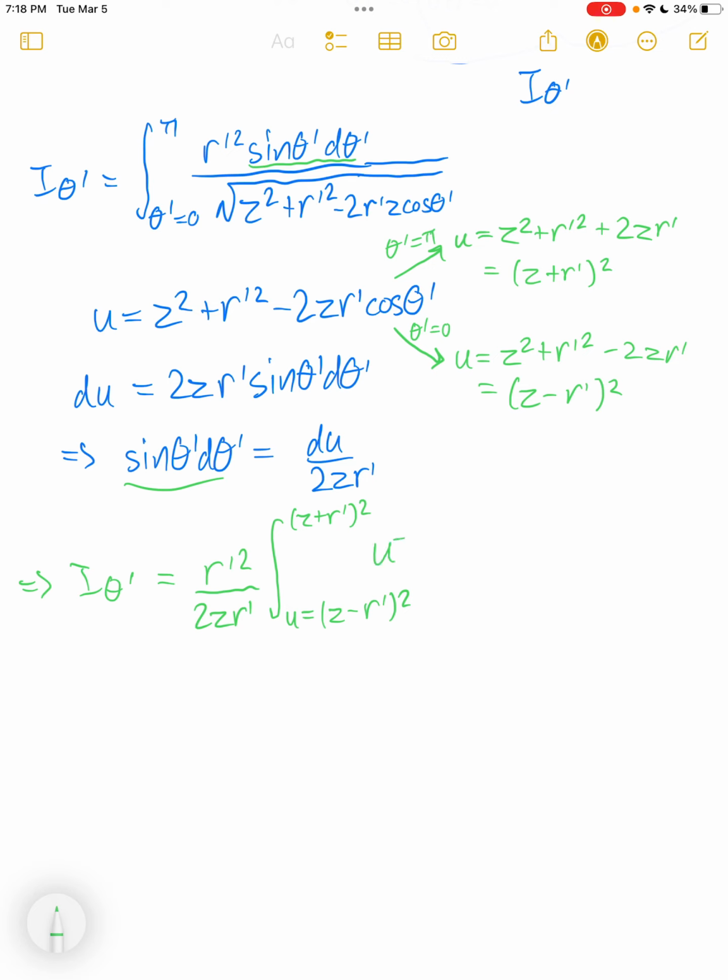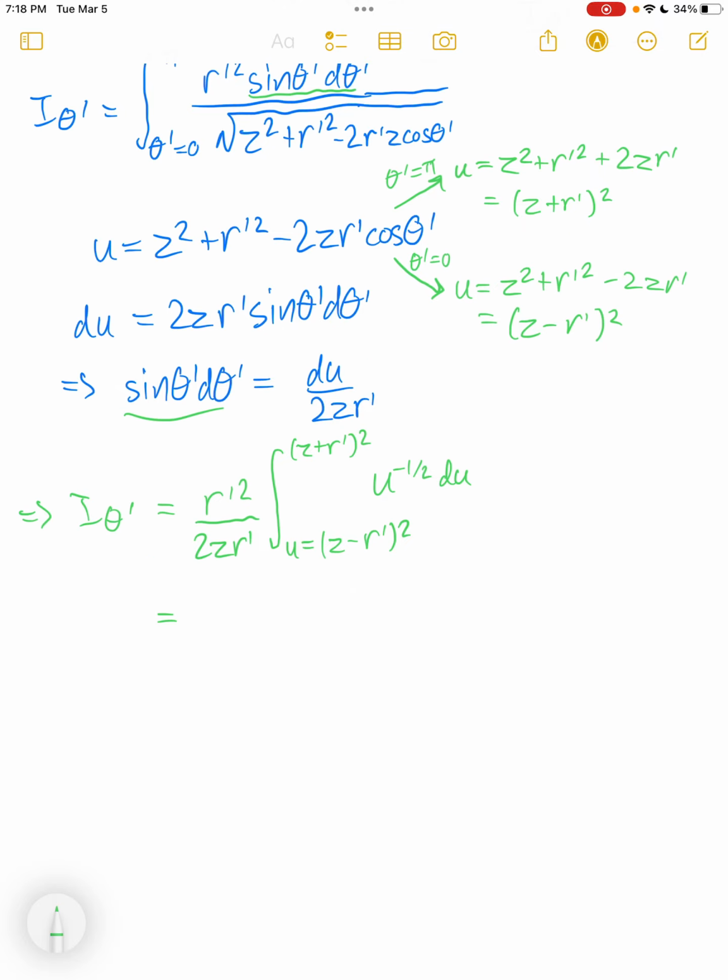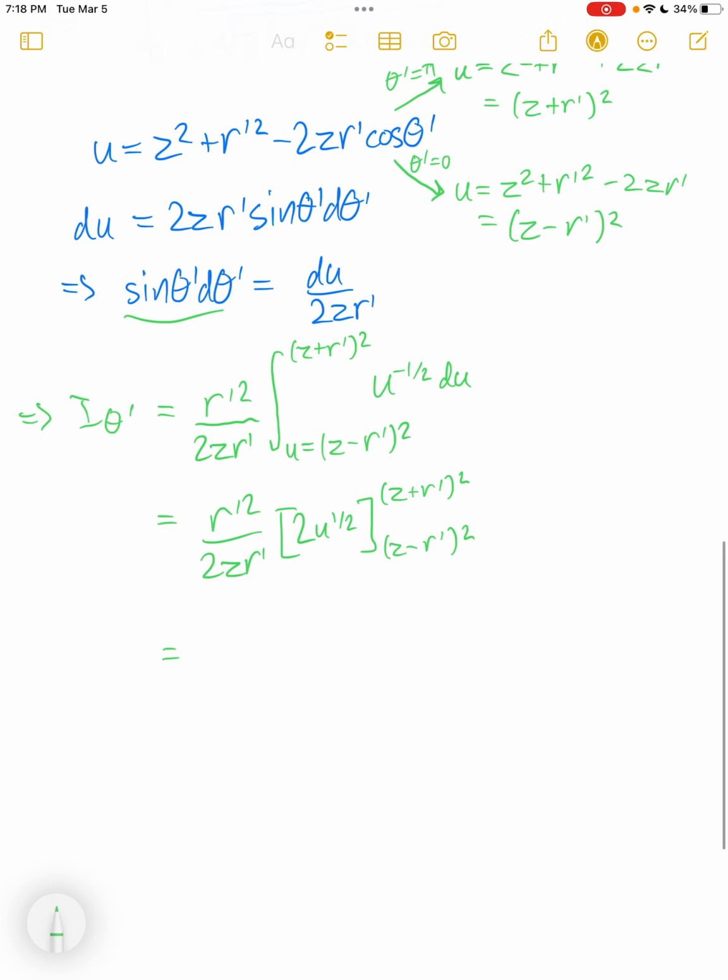So then I have u to the minus 1/2 du. And this is clearly equal to the square root of z plus r prime quantity squared minus the square root of z minus r prime quantity squared. Nice.